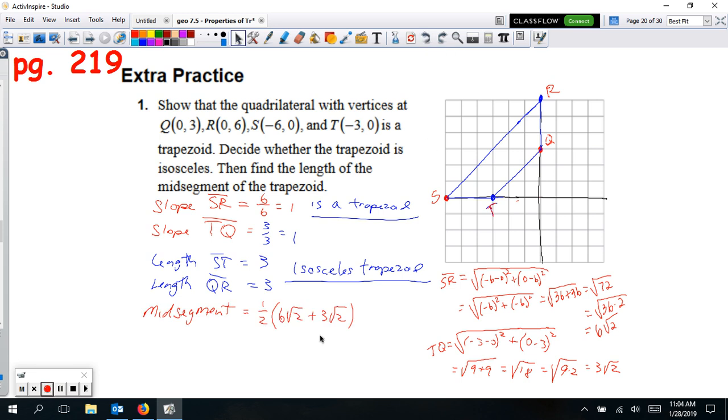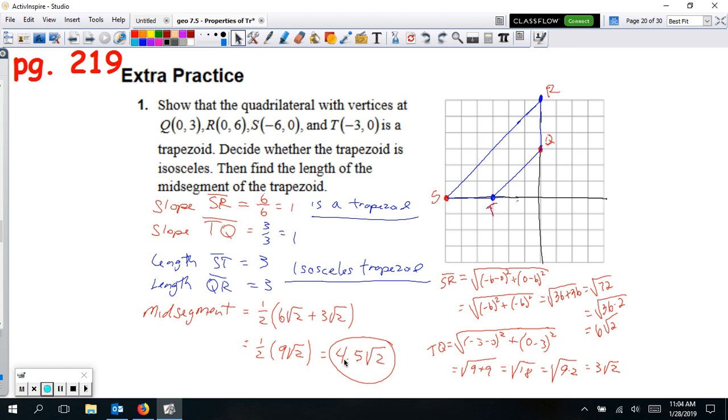So we are doing 1/2 times the length of these two added together. 6 plus 3 gives us 9, so this will be 9 square root of 2. And then half of that is going to end up becoming 4.5 square root of 2.